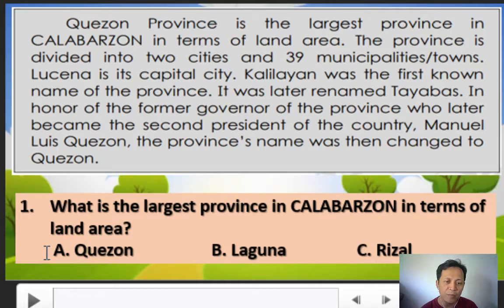Question number 1: what is the largest province in Calabarzon in terms of land area? The choices are letter A, Quezon, letter B, Laguna, and letter C, Rizal.